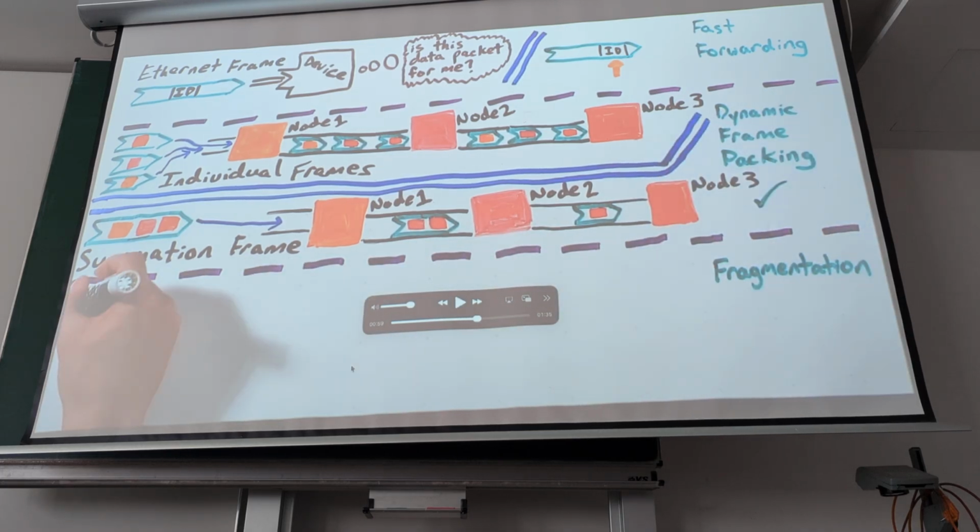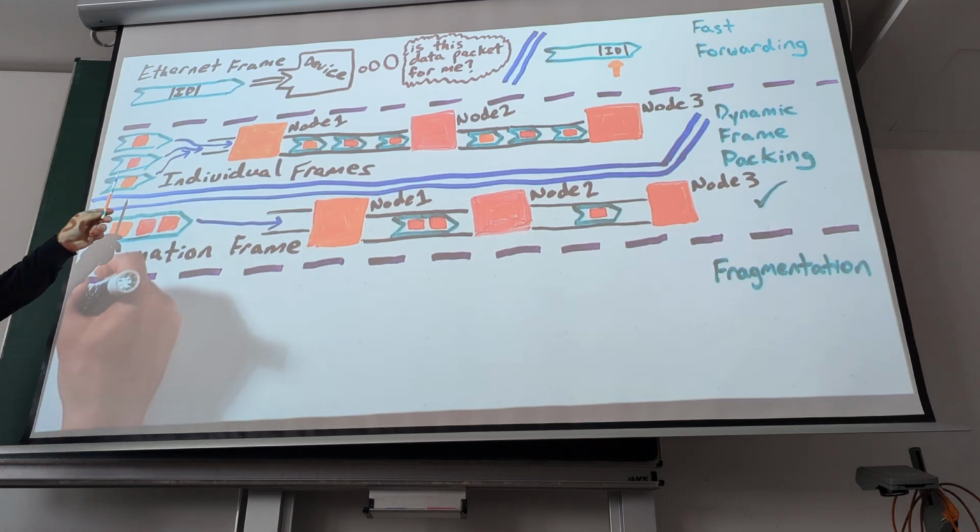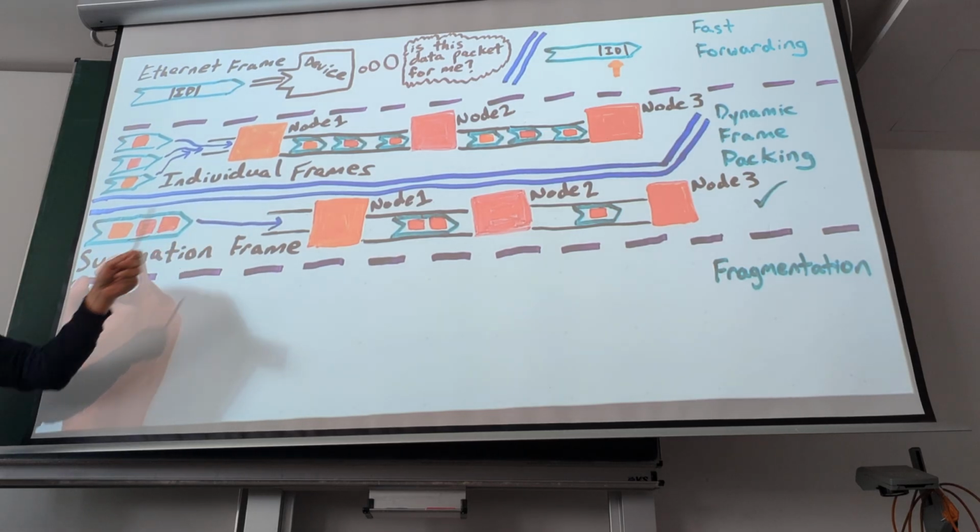Okay, dynamic frame packing, that's something you don't have in normal Ethernet. So we have these frames, and usually you have single frames, and then we have, like in EtherCAT, the frame as a whole traveling through all the nodes, and that was patented.